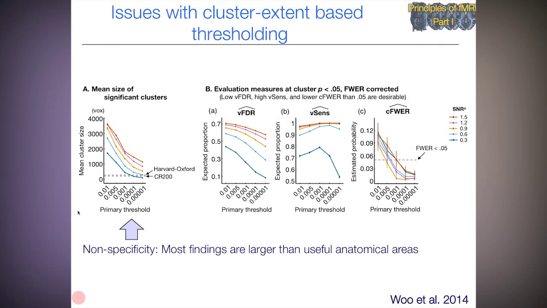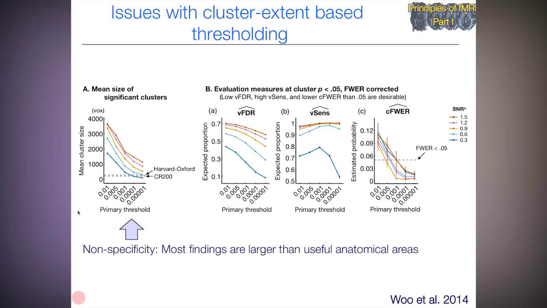Now these simulations, I'll just give you a few take-homes. They illustrate some of the issues with cluster extent-based thresholding. On the left, we're looking at the size of significant clusters, and the idea is if we threshold at p is less than 0.01, then we often get non-specificity. The blobs that we get are much bigger than useful anatomical areas. So the problem I illustrated in the previous slide is a problem that occurs all the time.